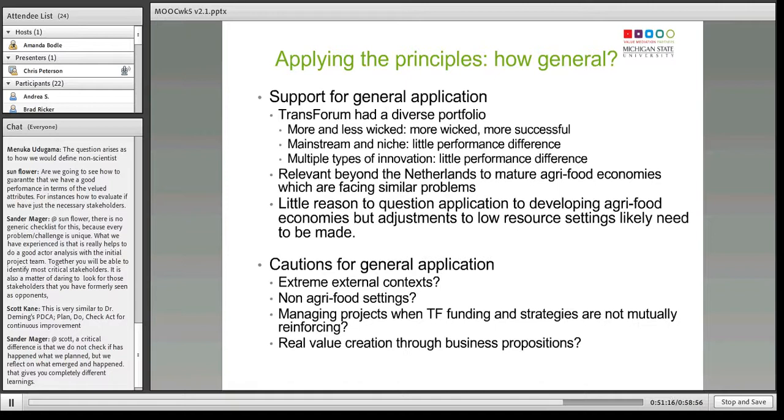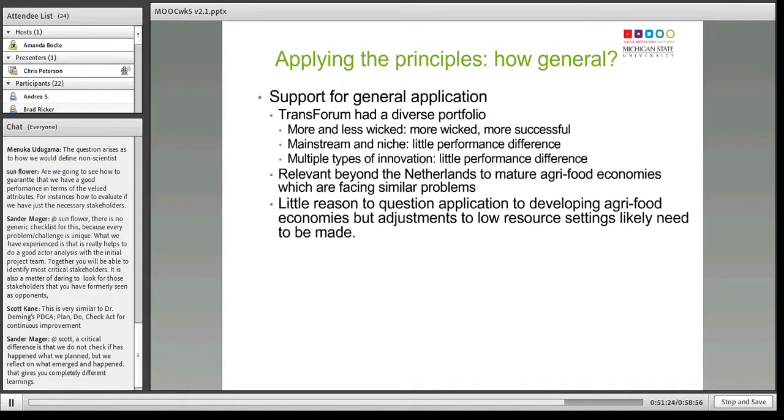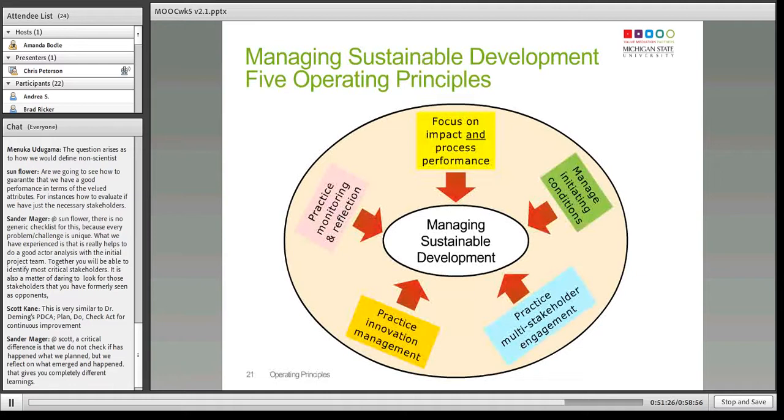But at the end of the day, folks, I think you would discover that if you implement these operating principles, you are going to have improved dramatically your ability to create shared value kinds of outcomes in the projects that you might do.